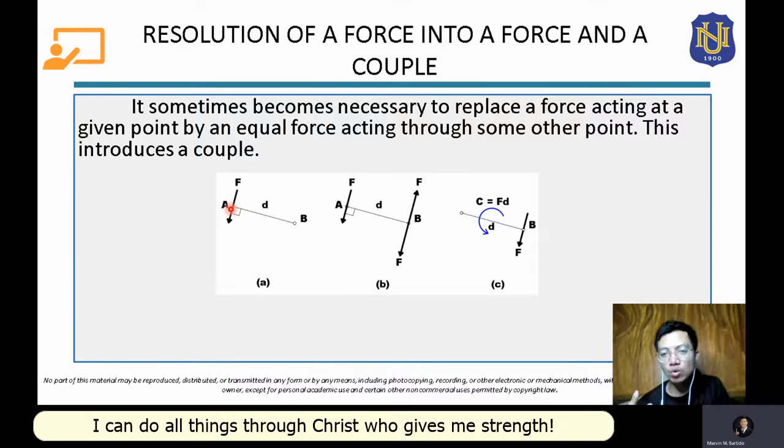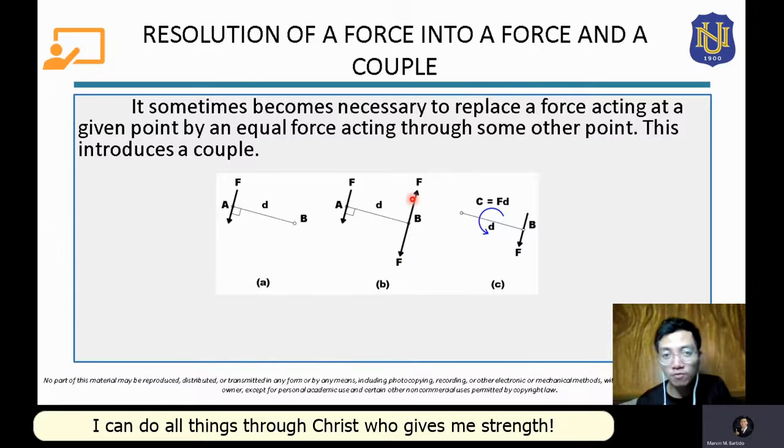If we want an equivalent system wherein your force F will be transferred to point B, then in order that this system will not be changed, we have to add a force F that is opposite in direction to the original force F, and it should be collinear.